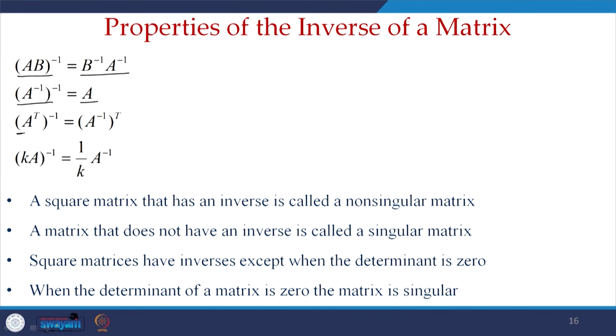The inverse of transpose of A equals transpose of inverse of A. So, you can interchange the order of inverse and transpose. If you are having a scalar k, then the inverse of k times A equals 1 by k into A inverse. So, these are some rules in case of inverse.